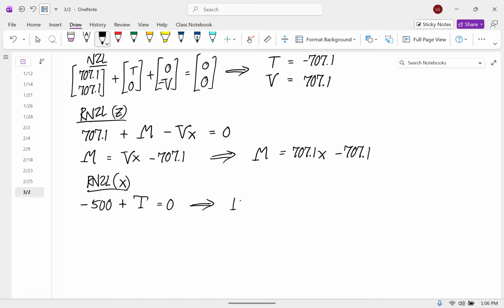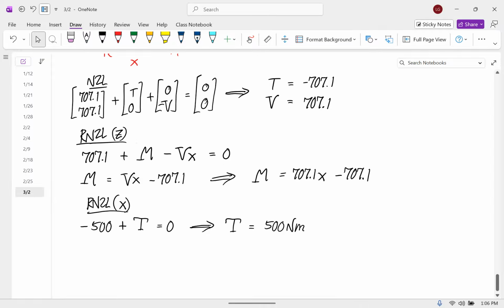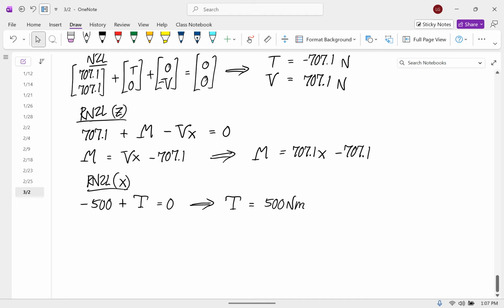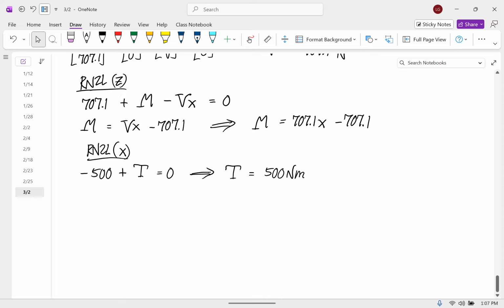And so the internal torque is 500 Newton meters. So the only thing that varied here as a function of x was that bending moment. And this would look something like this.